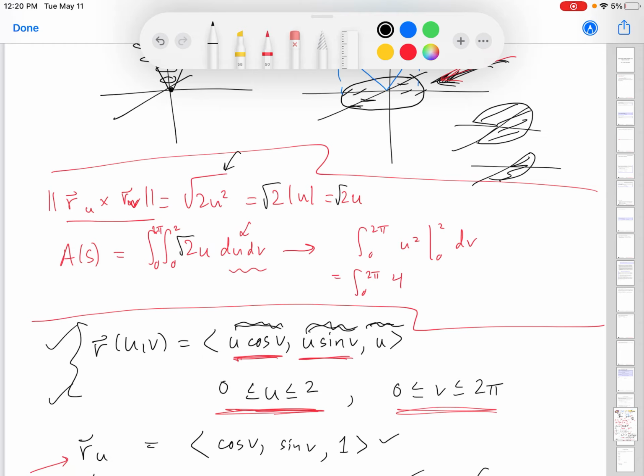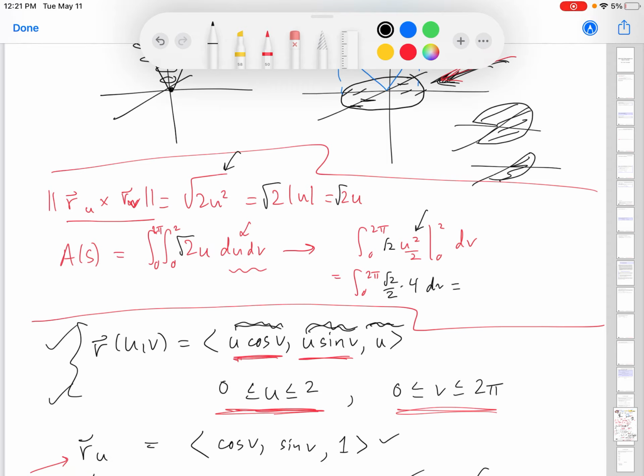So that changes things a little bit. My integral would be u squared over 2 times that square root of 2 left over. So good thing we caught that. So I have square root of 2 over 2 times u squared evaluated from 0 to 2. That just gives me 2 squared, which is 4.